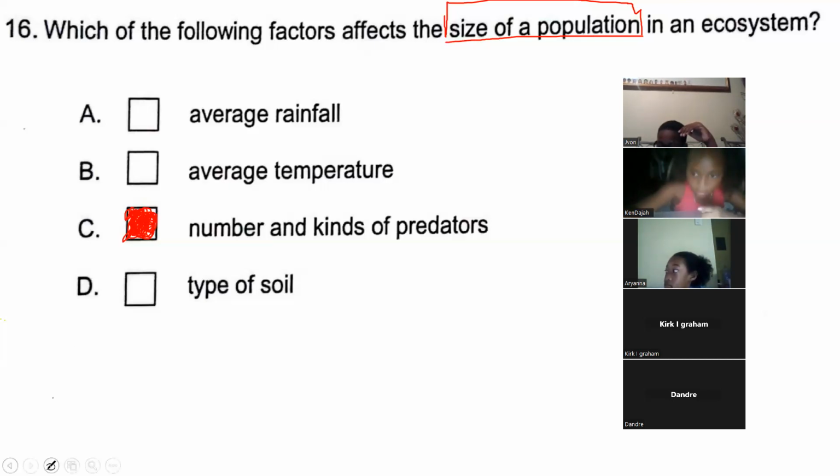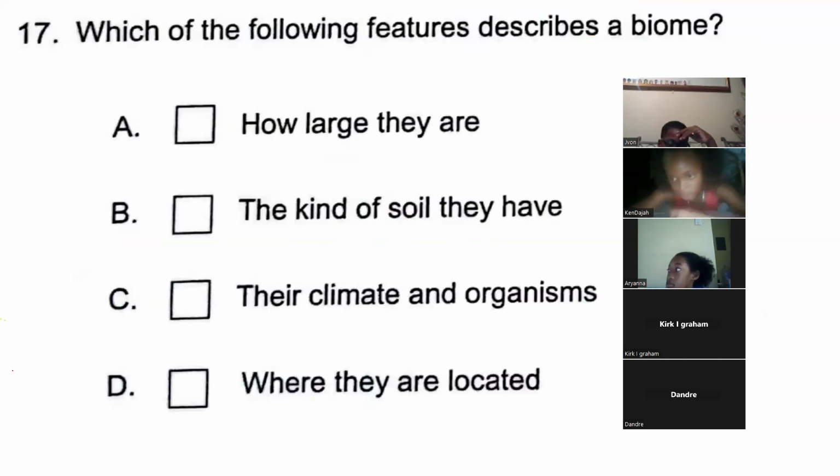All right, let's go on to question number 17. DeAndre, can you read number 17, please?